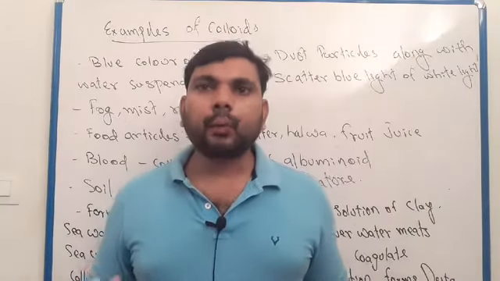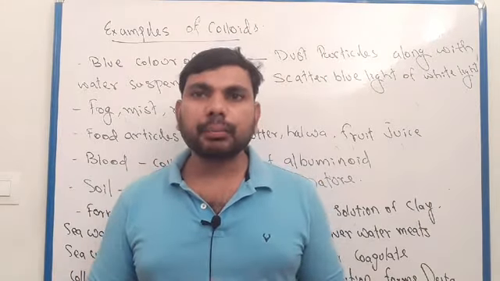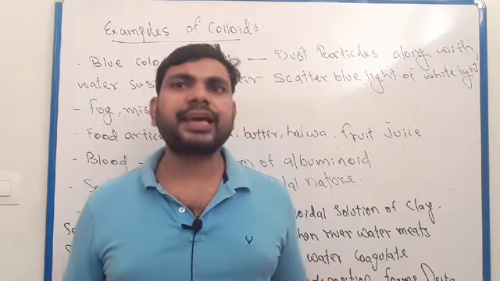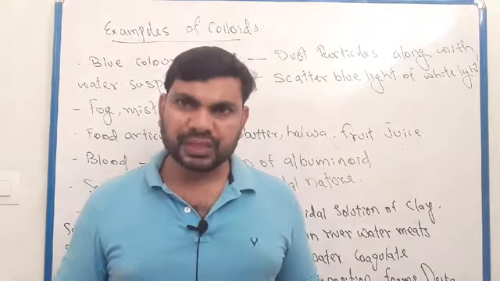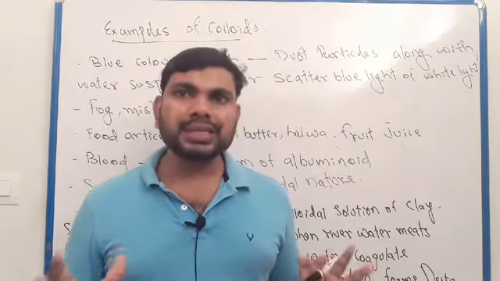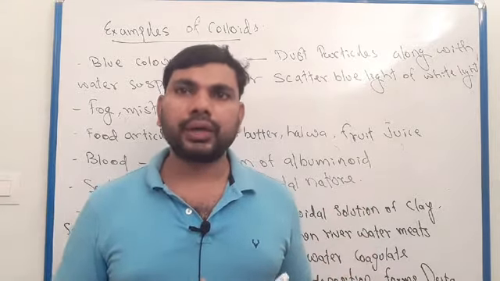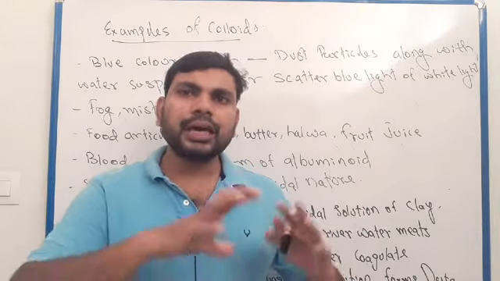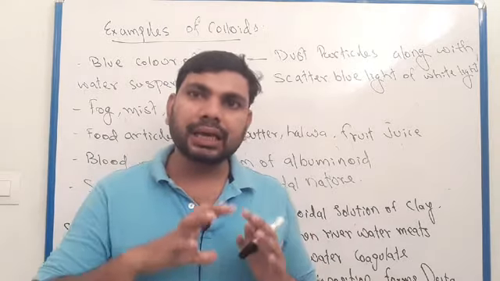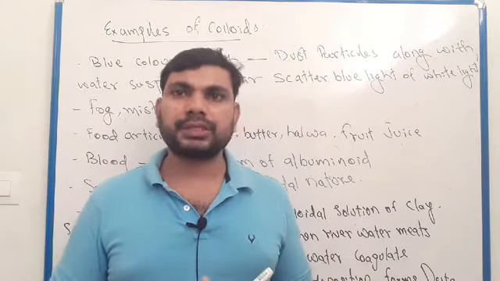Next we discuss examples of colloids. In nature we can see different examples of colloids. First, the blue sky is one example of a colloid. In the atmosphere there are dust particles along with water drops.